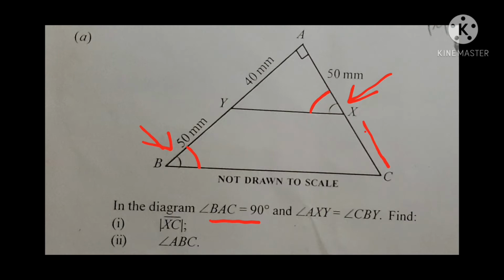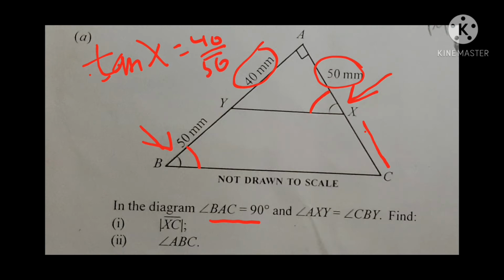So the tan of X will be equal to the opposite over the adjacent. Here is the opposite and this is the adjacent, so it will be 40 on 50. That's the first equation.